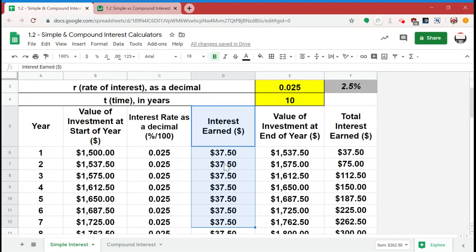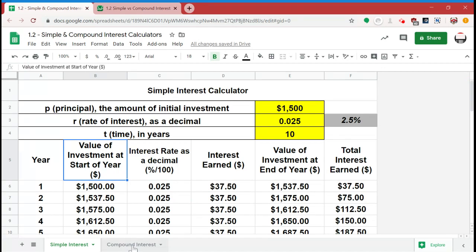So in year 1, year 2, year 3, year 4, year 5, the interest that you earn doesn't change. It's always based on this calculation of the initial investment times the interest rate as a decimal.